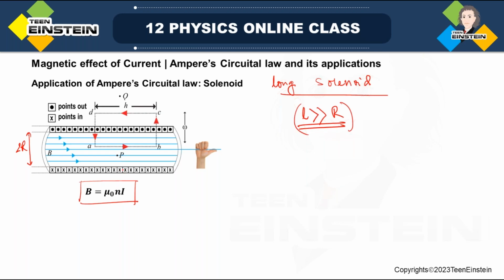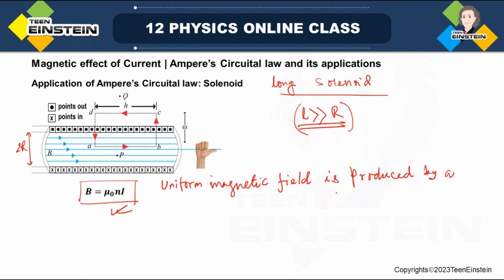Everywhere inside the solenoid the magnetic field will be this. So that's why a uniform magnetic field is produced by a solenoid.